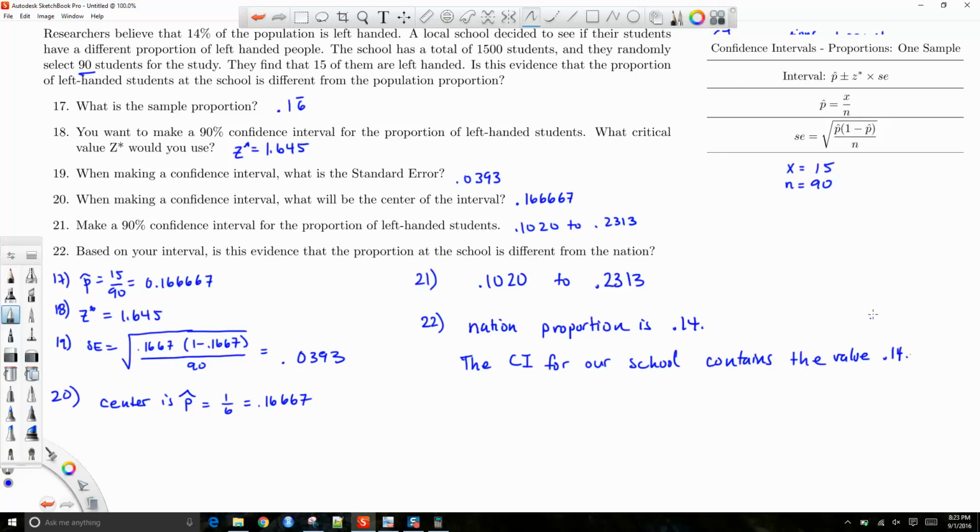That means 14% is a plausible value for the proportion at the school. So we would say we do not have evidence that our school's proportion is different.